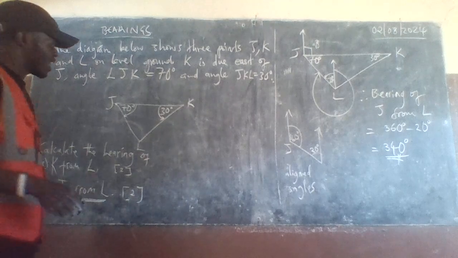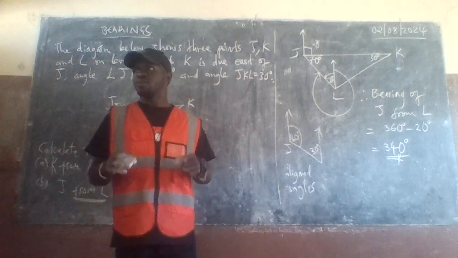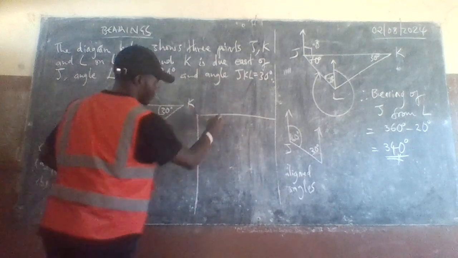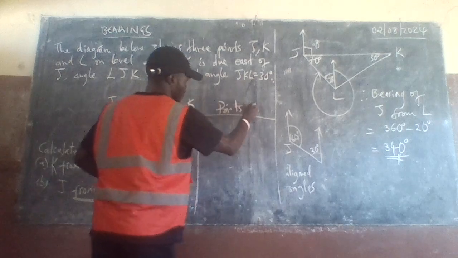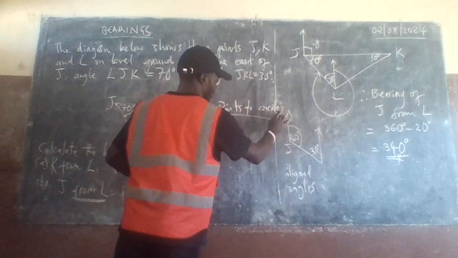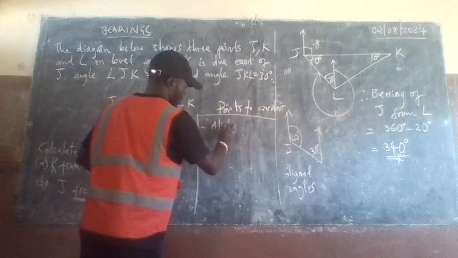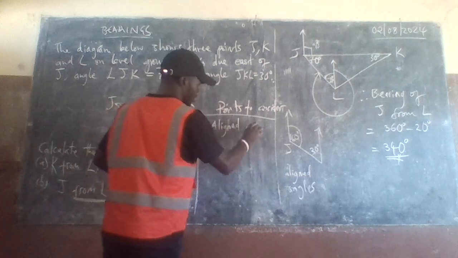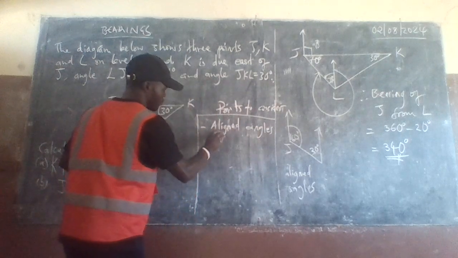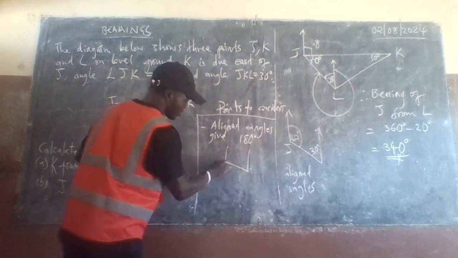So again, a reminder, we should take note that when dealing with bearings, the points to consider: aligned angles give 180 degrees, e.g. these two.